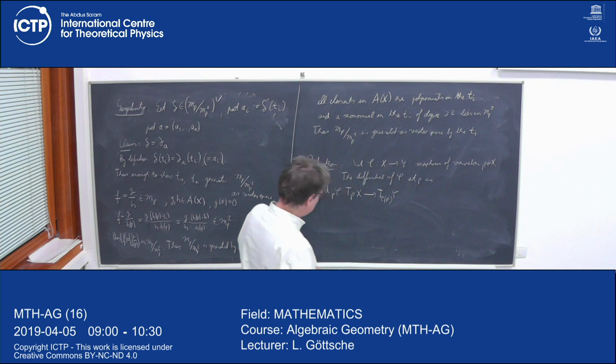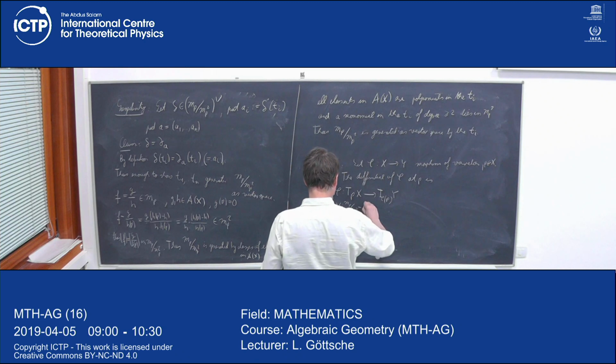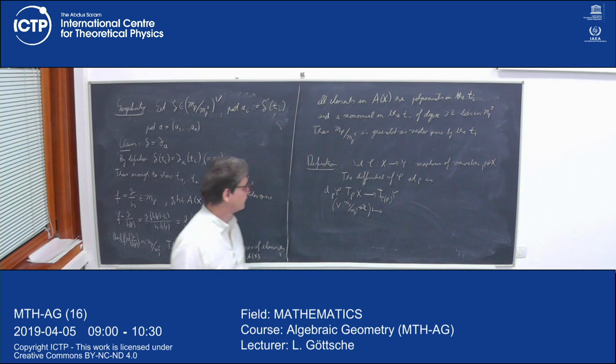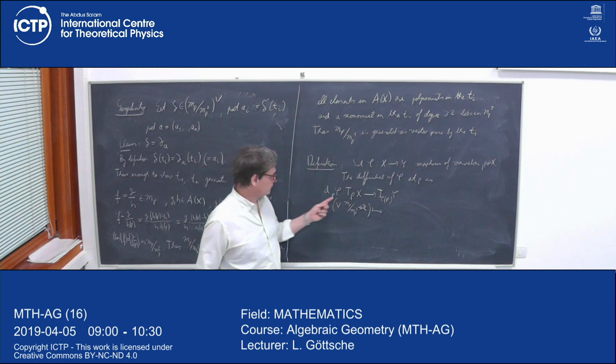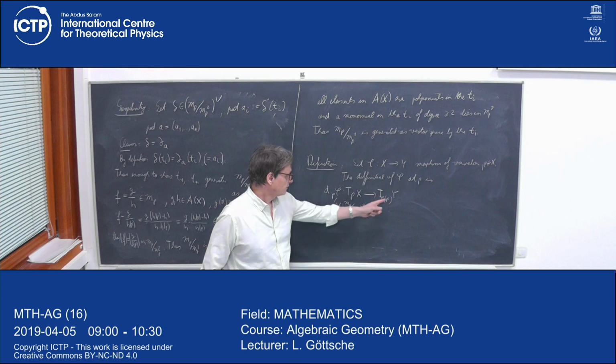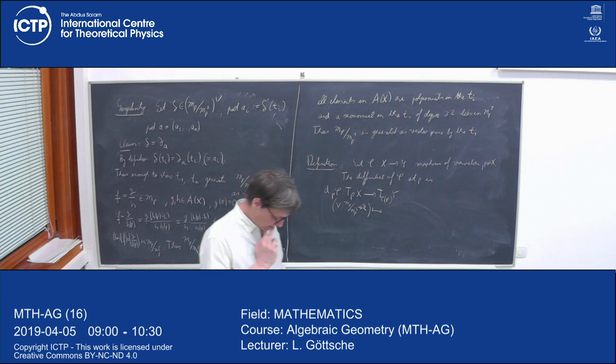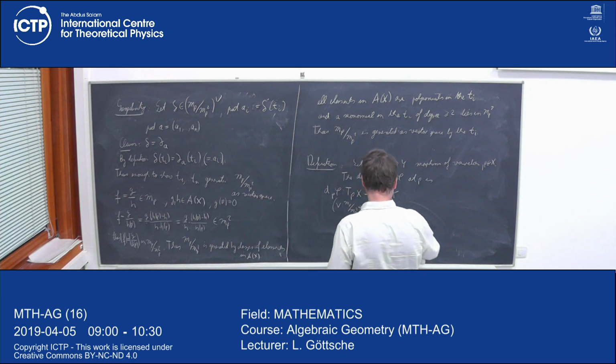Where we do the following. So we have a tangent vector now, which is a map from MP modulo MP squared to K. And if we're given such a map, what is the natural thing to do to get a map from the corresponding thing here? We compose with phi. So this is just mapped to V composed with phi.